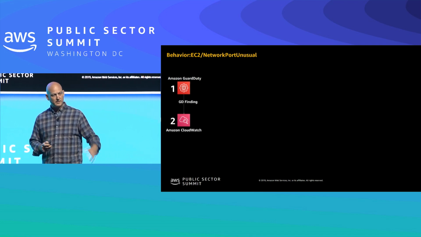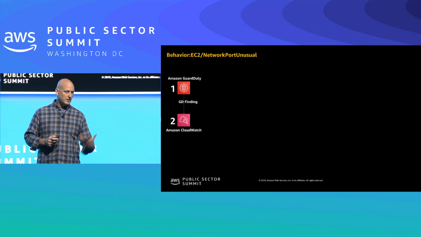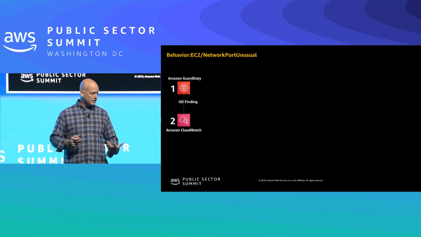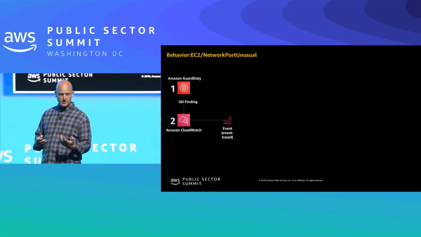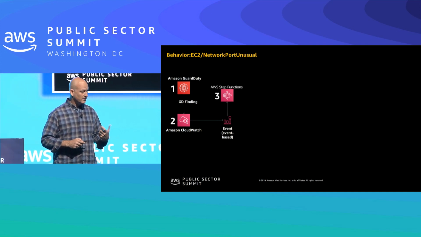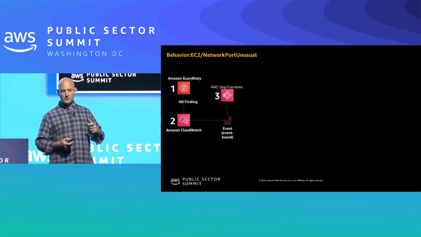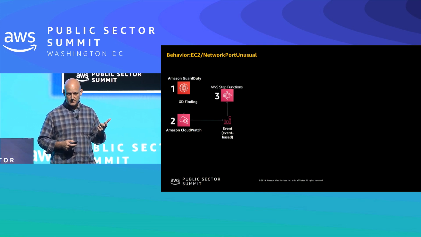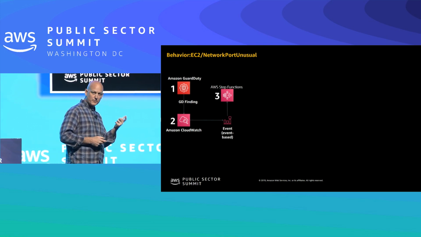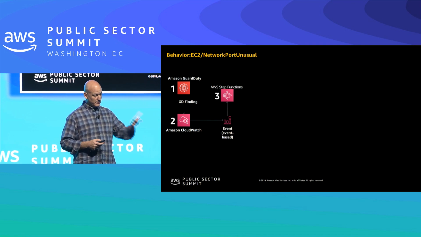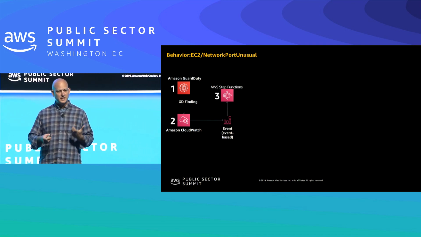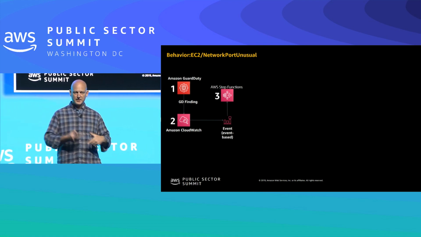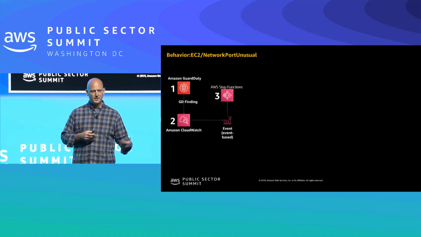It'll send that finding. All your GuardDuty information goes into CloudWatch, and you can create what's called a CloudWatch event to capture all your GuardDuty information, and then you can use Step Functions or a Lambda function to parse out information from there. What we're going to parse out for our demo right now is the network port unusual finding type, because we know that some of the APT18 indicators of compromise would lead to this type of finding.